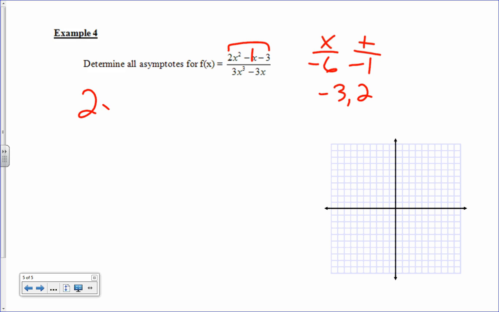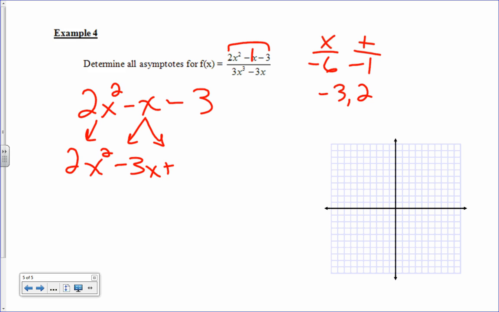All right. So let's go over here and use up some space. So it's 2x squared. What happens to -1x? It becomes those two numbers, -3x plus 2x. And everybody's favorite is squiggle.